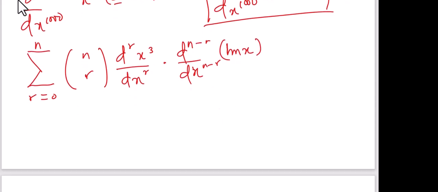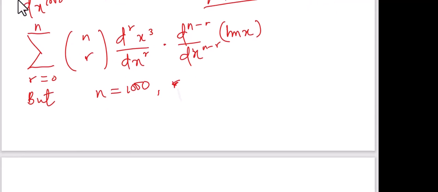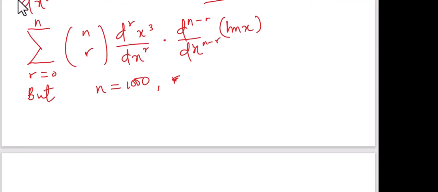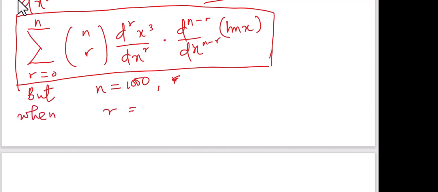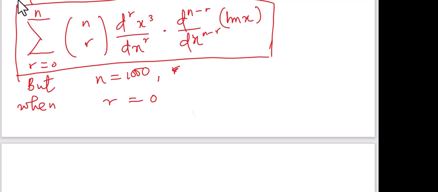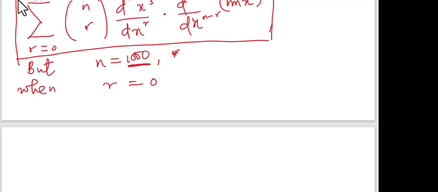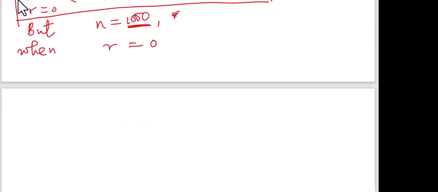Okay, but we know that n is equals to 1000, and since this is a summation, we will be taking the r one at a time. The n here is constant for all the terms, so that one we will not touch, but the r will keep on changing. Good.